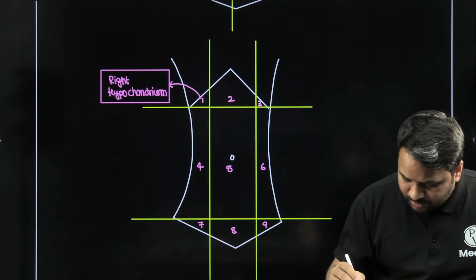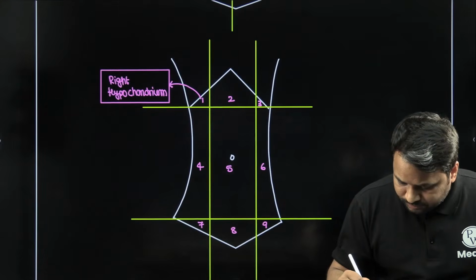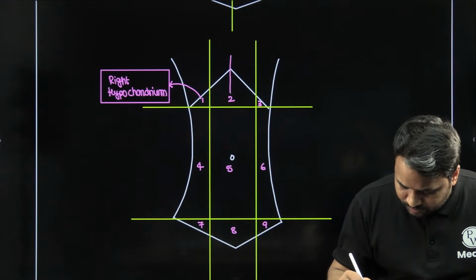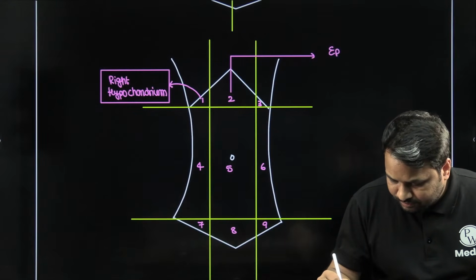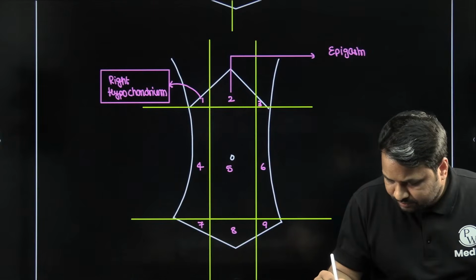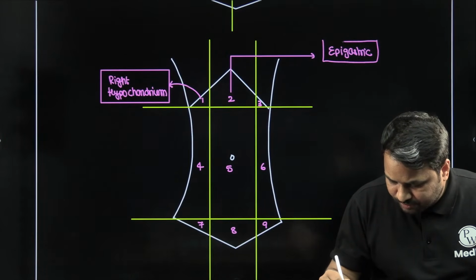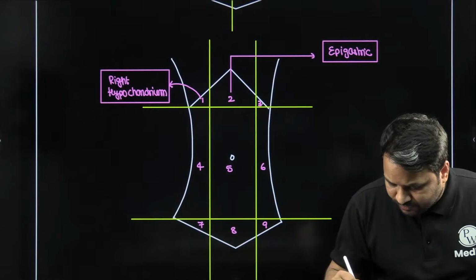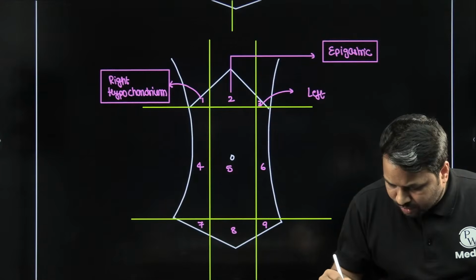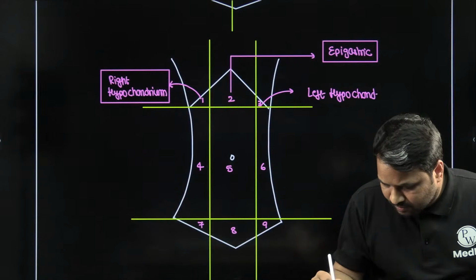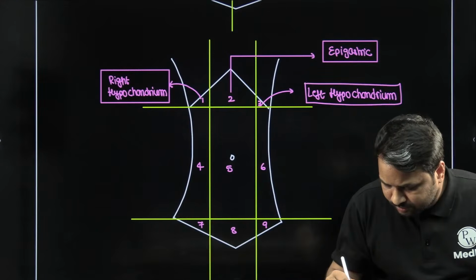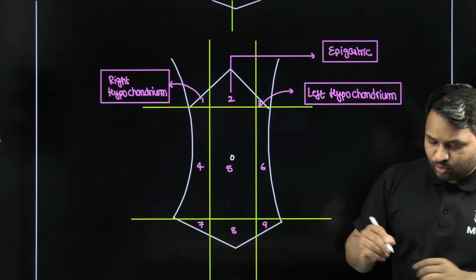The second is going to be the epigastric region. The third one, if that is your right hypochondrium, this will become your left hypochondrium. This is going to be your left hypochondrium.